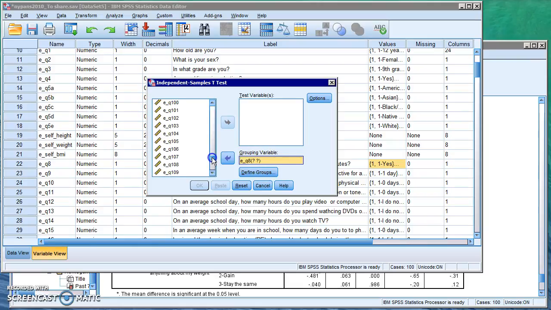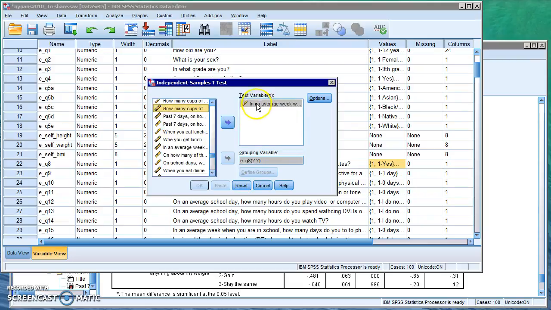For our independent variable, find question 8. And so in an average week, and that's how many days they bring the lunch.